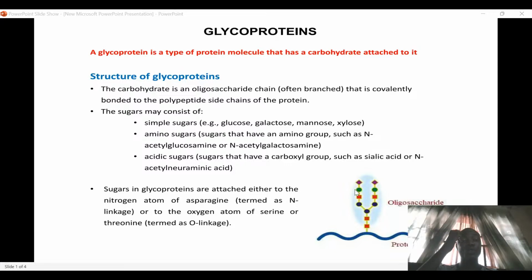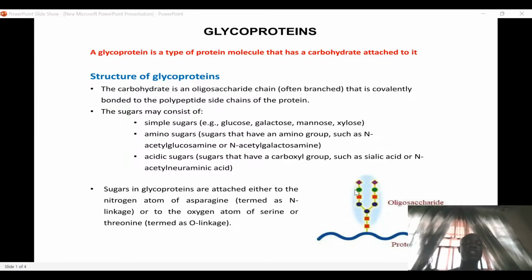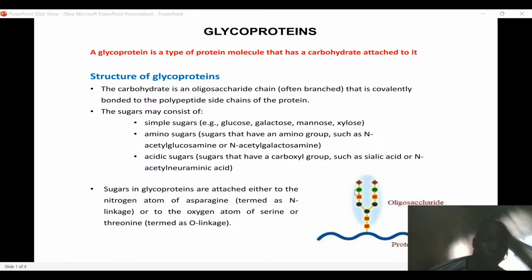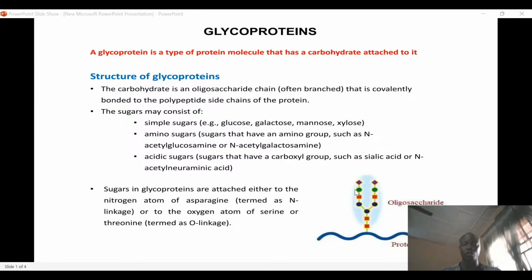So what are examples of sugars that are found in these glycoproteins? We have simple sugars, amino sugars, and acidic sugars. First, get it. What are the simple sugars that are found on the glycoproteins?